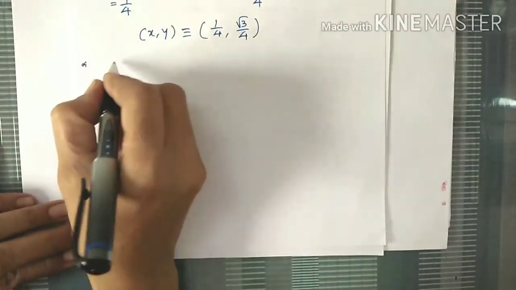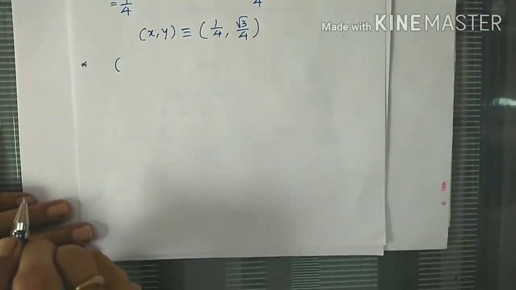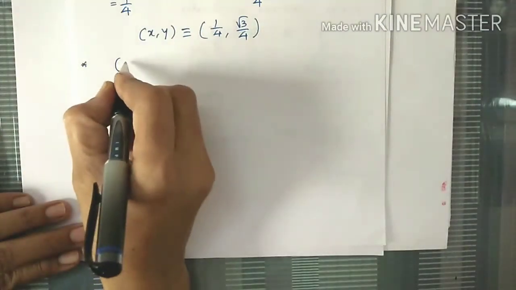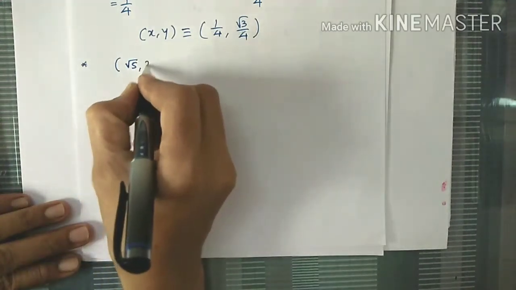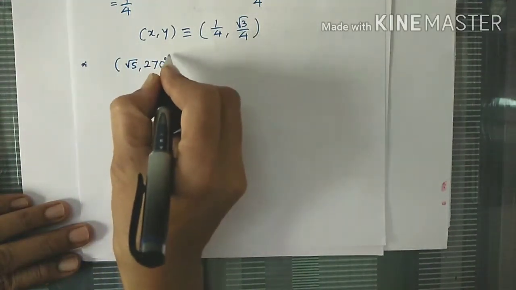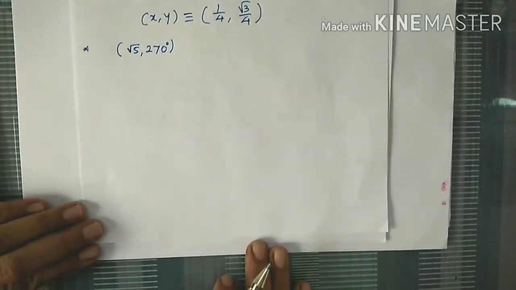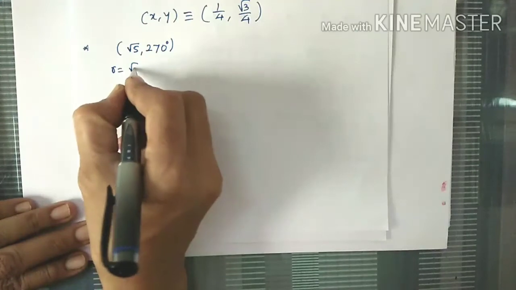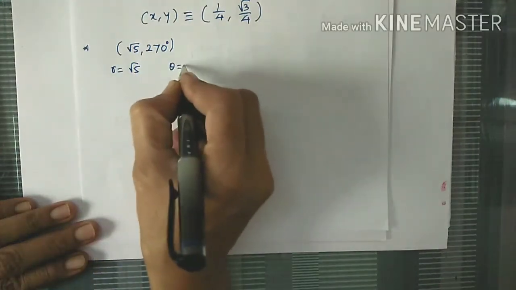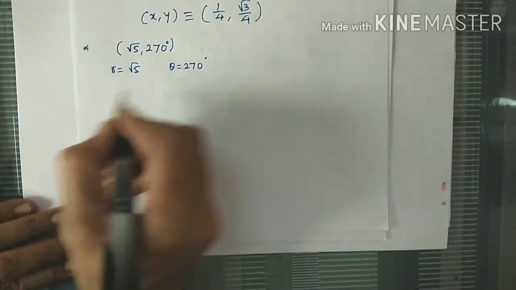Consider this question. Polar coordinates are given, say, root 5, 270 degrees, and convert these polar coordinates into Cartesian coordinates. So r is given as root 5 and theta is given as 270 degrees.